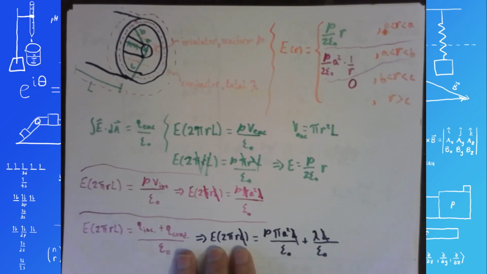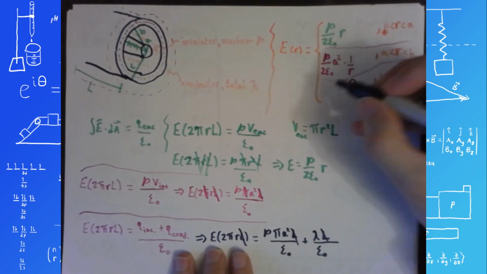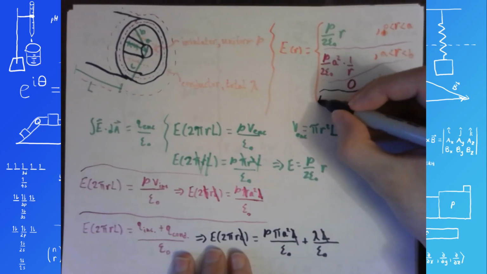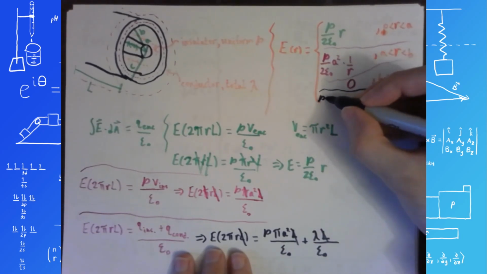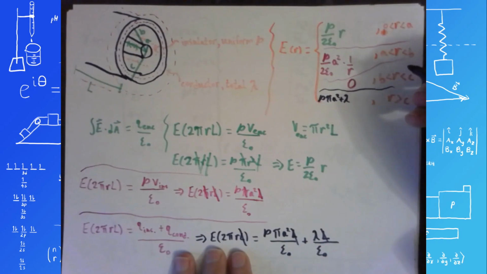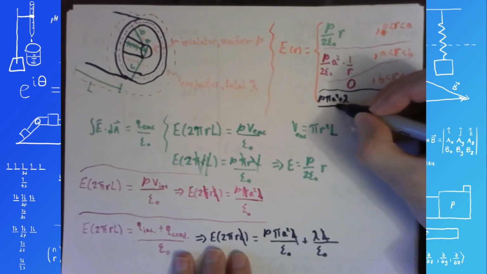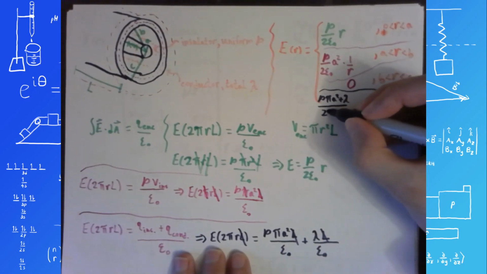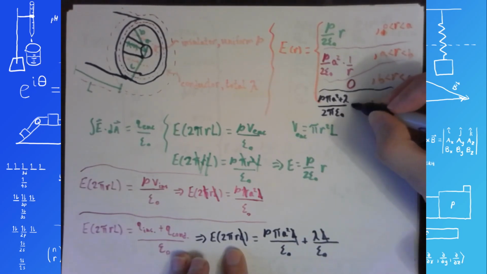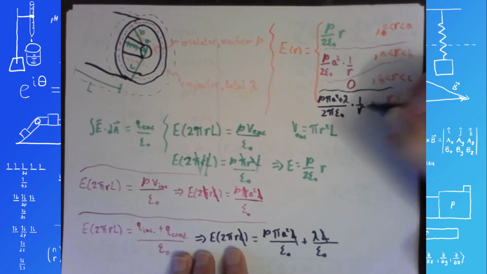So that gives me rho pi a squared plus lambda, all over 2 pi epsilon naught, and also dividing by r, so times 1 over r.